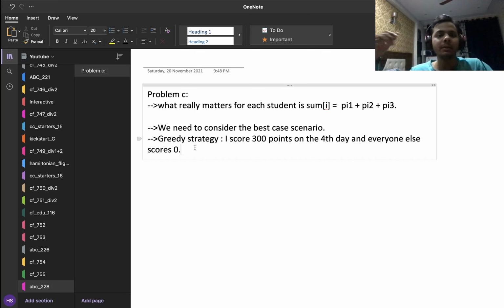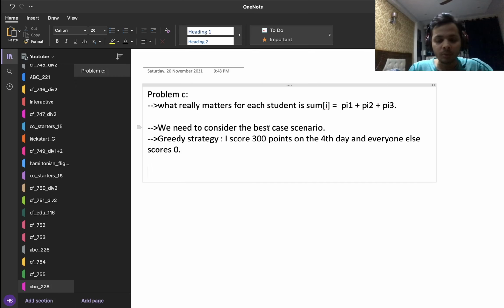I can't do anything about the marks scored by me in the first 3 days, but what is in my hands is the marks scored by me in the last day. So that is why the greedy strategy that I'm going to follow here is that I will score 300 points on the 4th day and I will let all the others score 0 points.